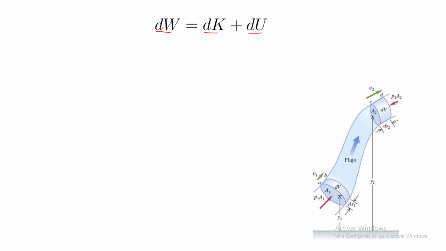We also have pressure times the area, which in other words is the force, which is pushing right here, and the force pushing the other way. As well as the velocity, which keeps the liquid flowing from point A to B, or from point C to D. As well as there is a difference in height. Here it is at y1, here it is at y2.